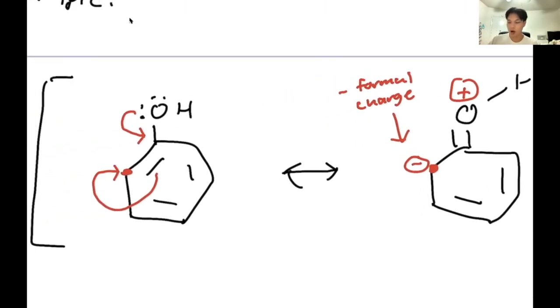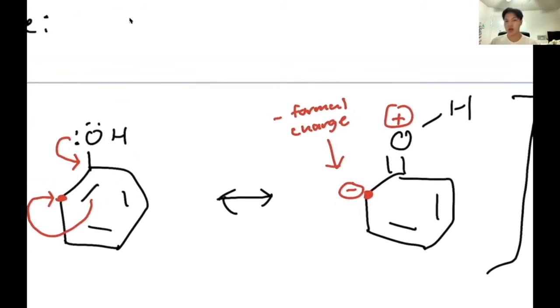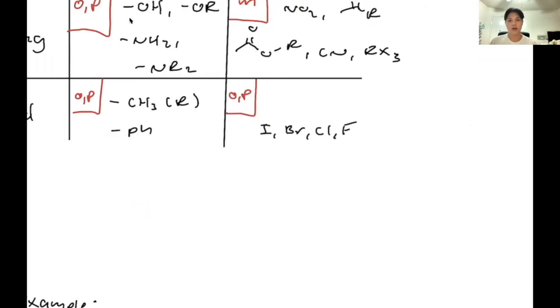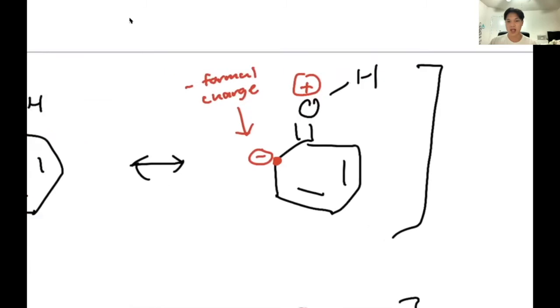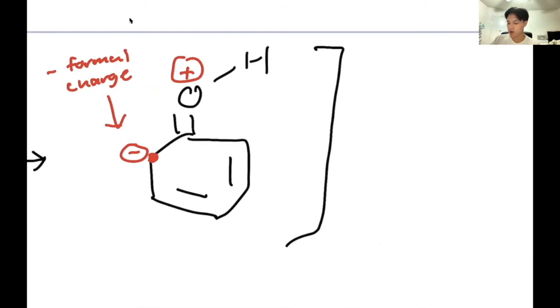You see how it's donating its electrons to this ring, giving it a full negative charge, which means that it's a strongly activating molecule. That means in an electrophilic aromatic substitution, this is going to happen a lot faster if you compare it with regular benzene, right? You see how in this one, there is no negative charge. Everything is just neutral.